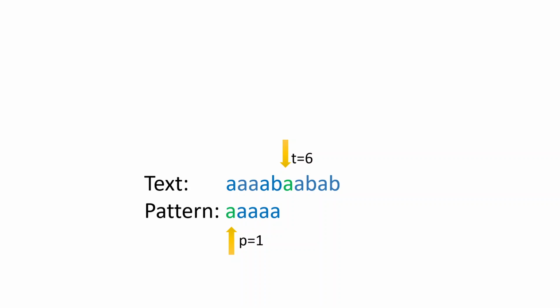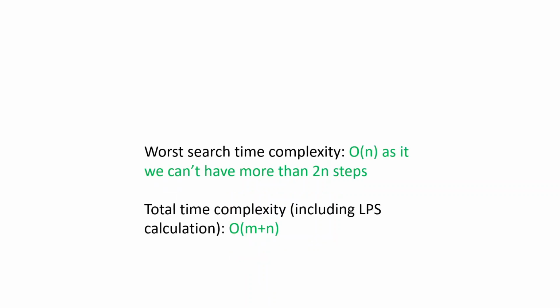And then again we incremented the text counter and there was a match multiple times, so we just incremented both, and when there was a mismatch we just decremented the pattern counter only. Again there was some match and we incremented both, and at the end there was a mismatch, so we just decremented the pattern counter, right? So yeah, that's the thing.